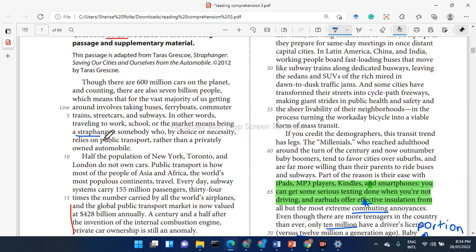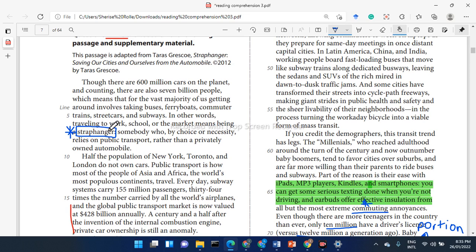I like strap hanger. I was trying to ask you but I couldn't get it. They said exactly what it means. Someone who relies on public transport rather than a privately owned automobile.